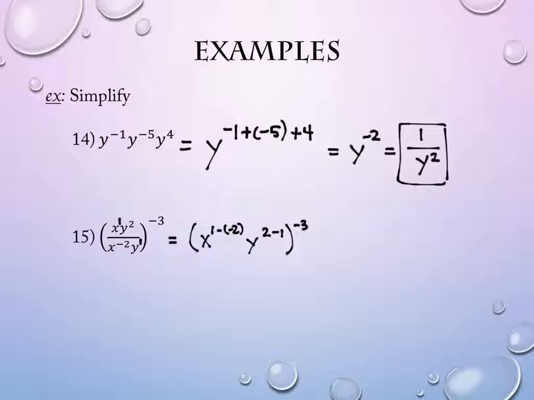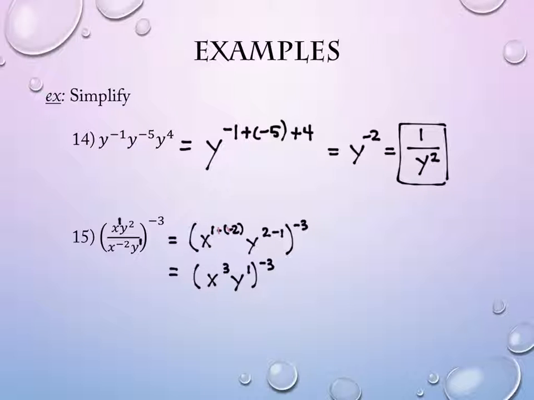So, what is 1 minus negative 2? It's 3, right? Minus a negative is addition. So this is plus. So this is x cubed. And then I have y to the 2 minus 1. 2 minus 1 would be just 1. And then now I have this negative 3 power on the outside.